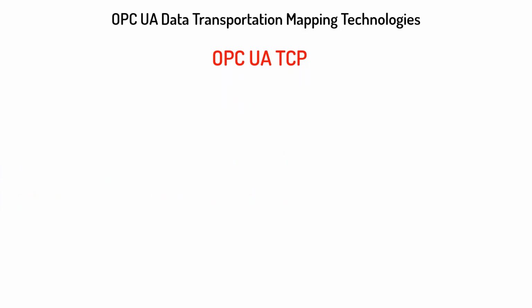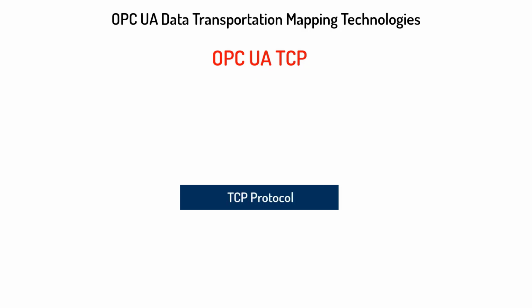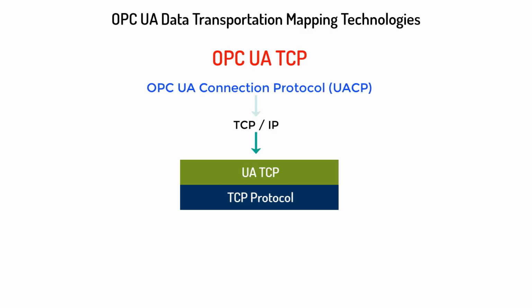Now with UA TCP, the OPC Foundation took the common TCP protocol and defined a small protocol that runs on top of it. So essentially, UA TCP is a TCP IP implementation of the abstract OPC UA connection protocol.